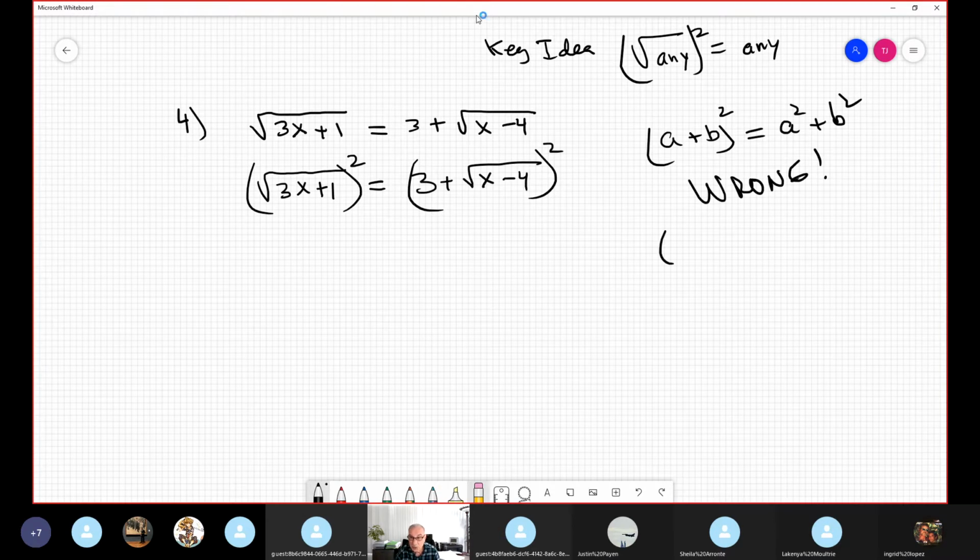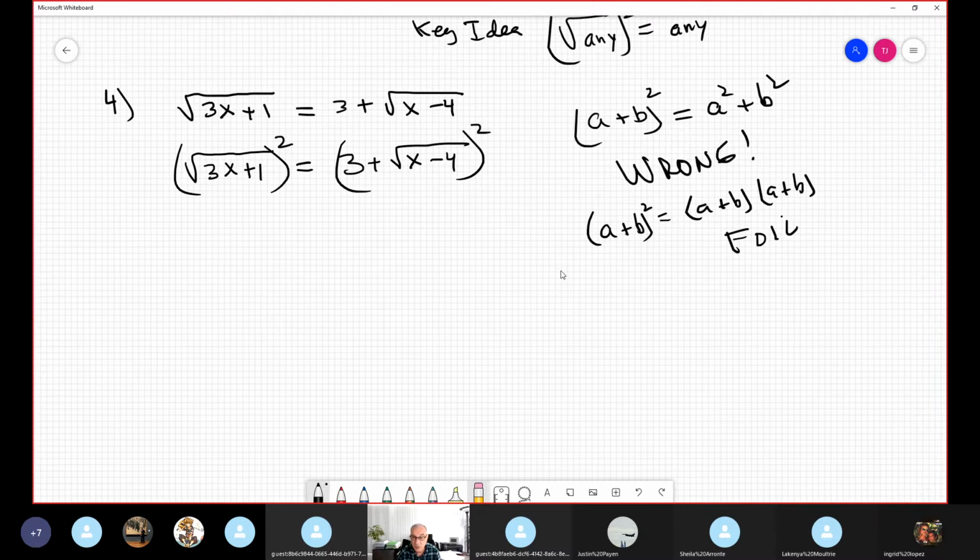The only thing you should do is: a plus b squared is a plus b times a plus b, and you FOIL here. Or the formula that we frequently use, but the students I don't like, I don't know why. Look: square the first, plus twice the multiplication of both, plus b squared.